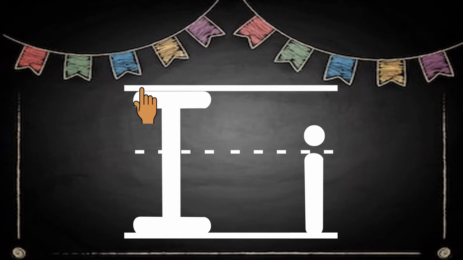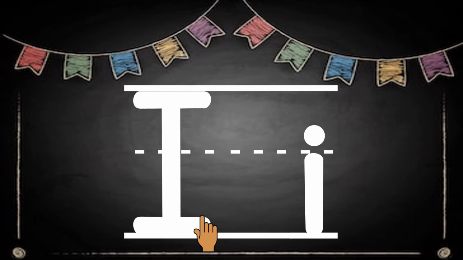Then we're going to go back to that top line and we're going to put on a hat. But also, with capital I, we need to go down to the baseline and draw our feet.